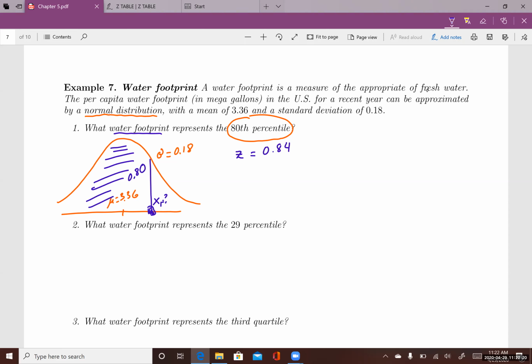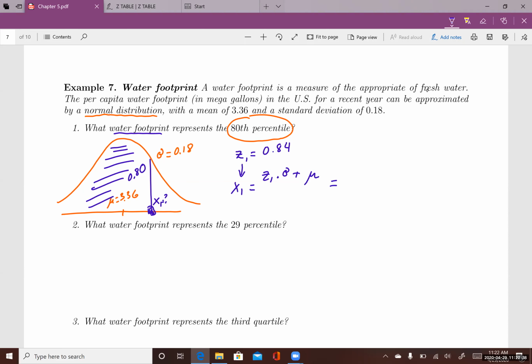Once I found the z-score, then I can find x1, right? According to the formula, x1 equals z1 times the standard deviation plus the mean, which is mu, right?